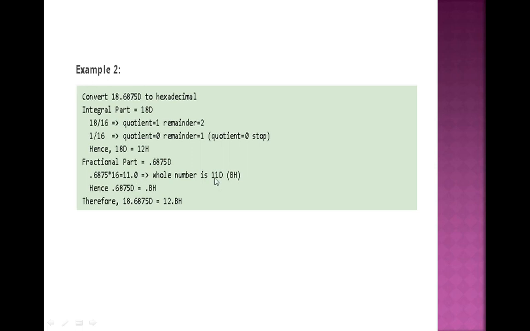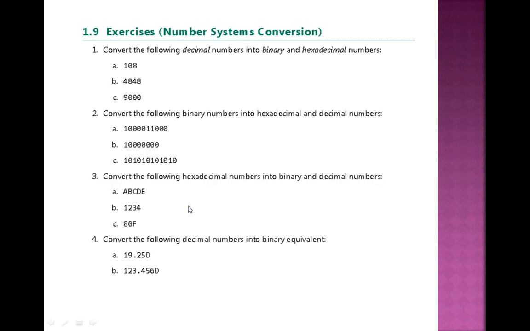The integer part is 11, so the output is 11, that is B, because 11 has the value B. So now, adding up the integer and the fractional part: this is 12, point, B in hexadecimal. This is your output, 12.BH.